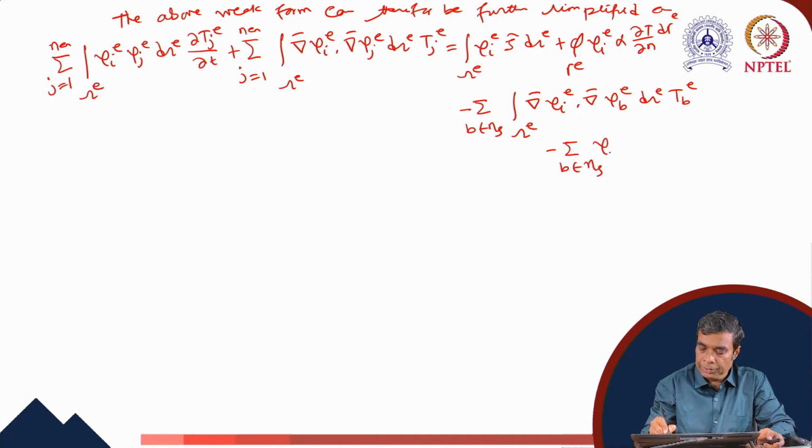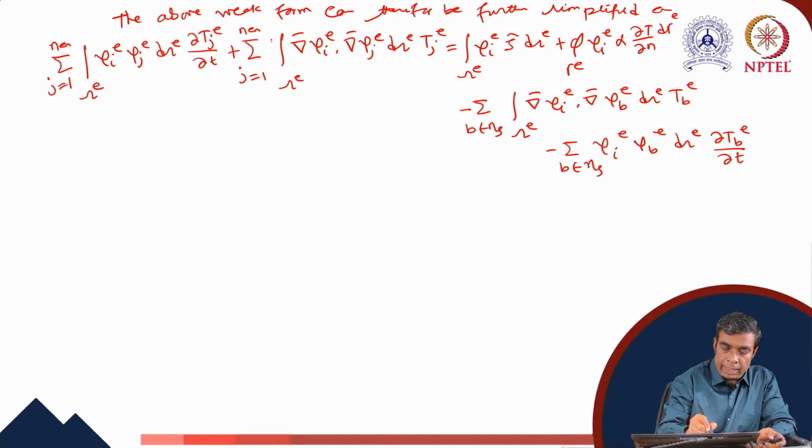We have one unsteady term due to EBC. This is psi_i^e, then we have psi_b^e d omega^e del t_b^e del t. So here we shall have the alpha.